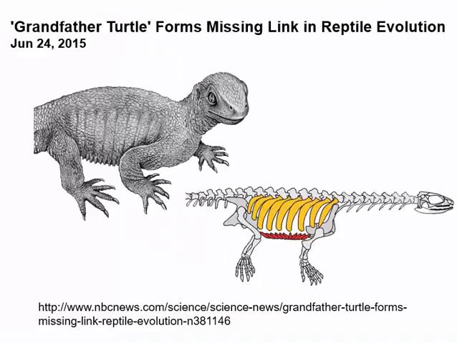One more example, if you can't get enough, and you can find so many of these fascinating examples. This is a story that came out a few years ago, but I love this. They called this the grandfather turtle, as this missing link in reptile evolution, where we have this reptile that has these very thick ribs.